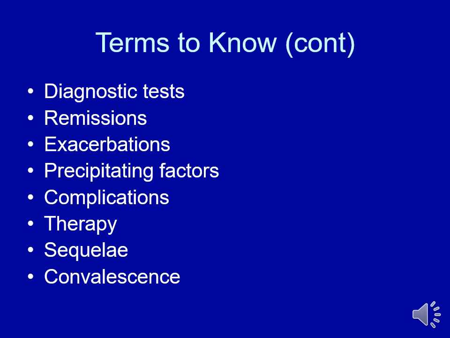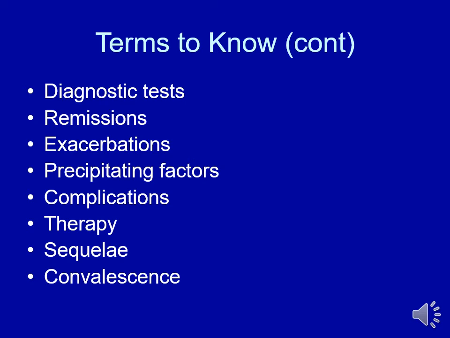Say, for instance, something like cold weather can make asthma a lot worse, or arthritis a lot worse. So that's precipitating factors.